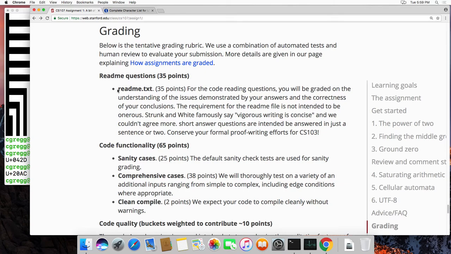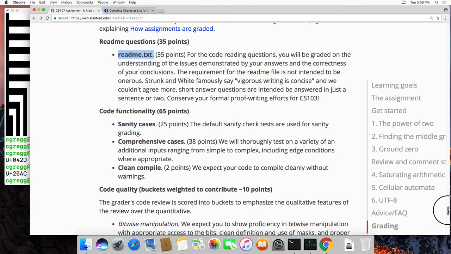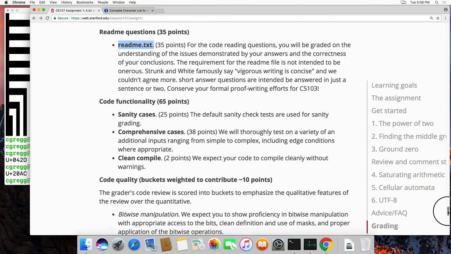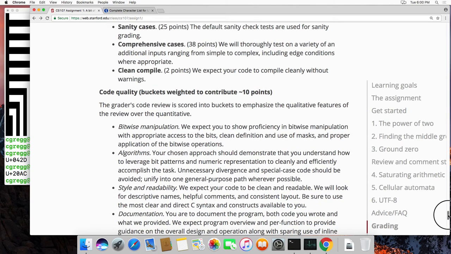Again, like assignment 0, you're going to fill in a README with answers to the questions for the code reading. Okay, and then you're going to get 35 points for that, and then 65 points for the functionality of your actual code that you're going to write. Okay, and then it's going to be bucketed.